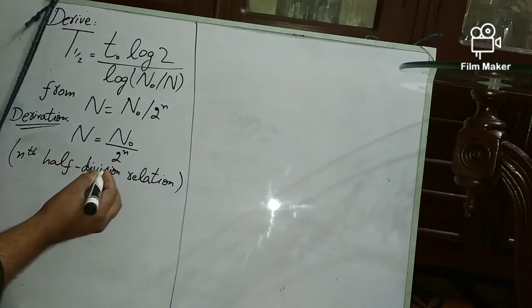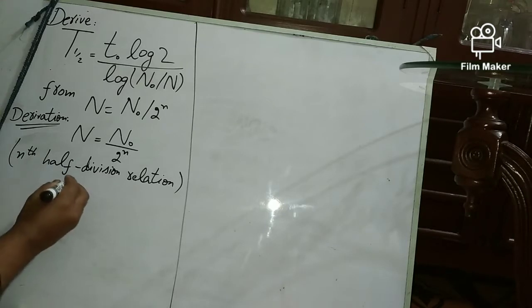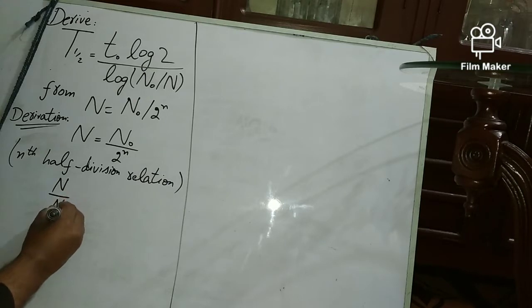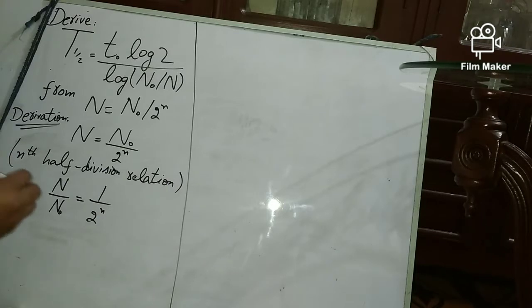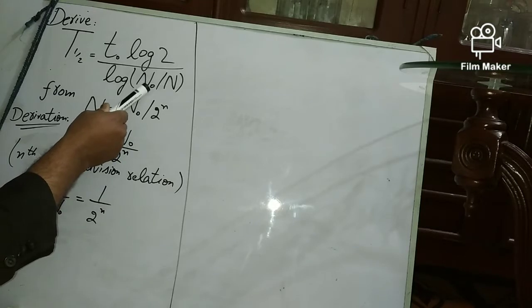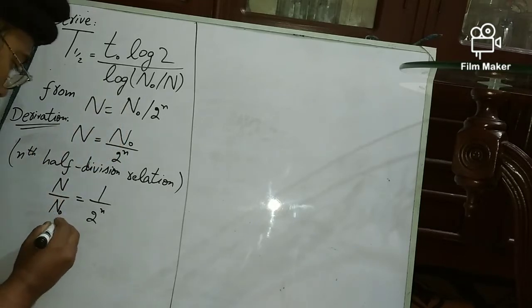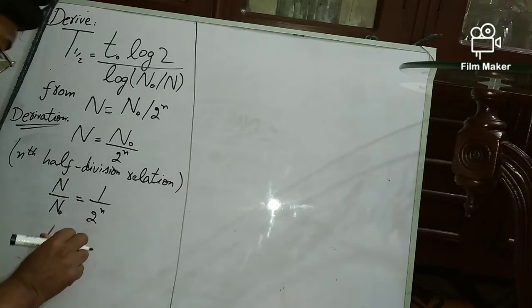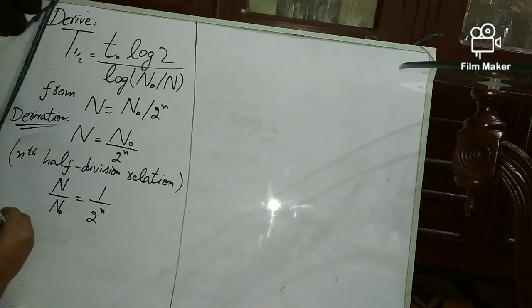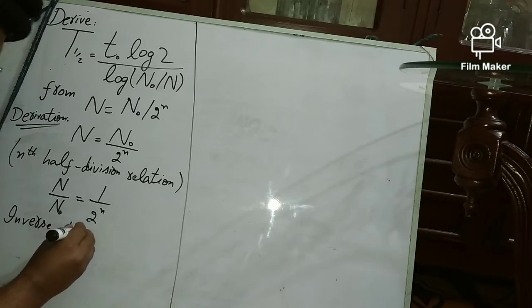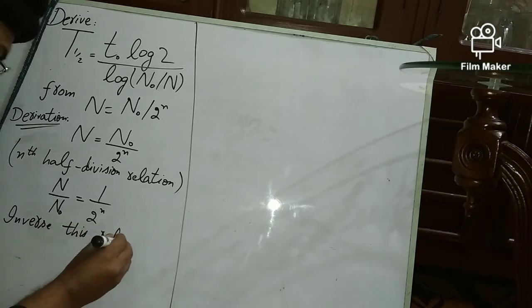We write this relation: N over N naught is equal to 1 over 2^n. Again we inverse this relation.